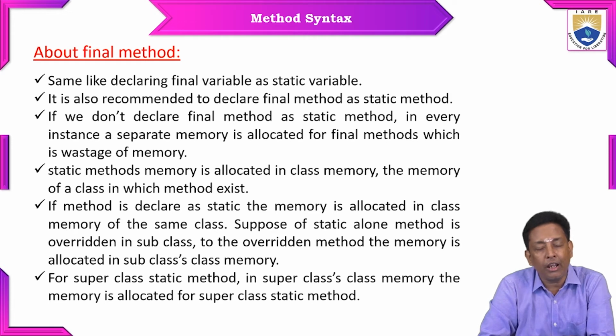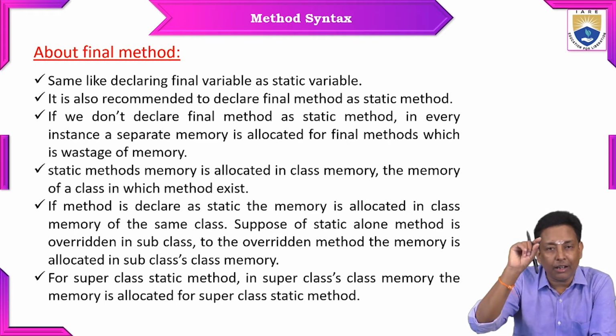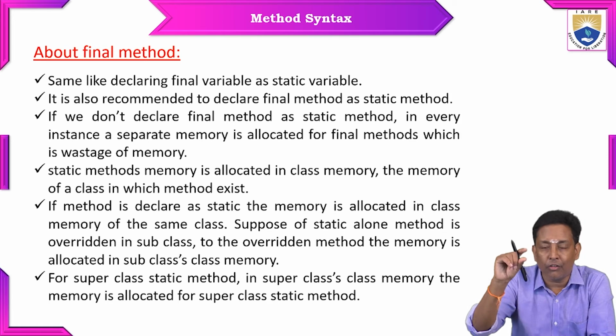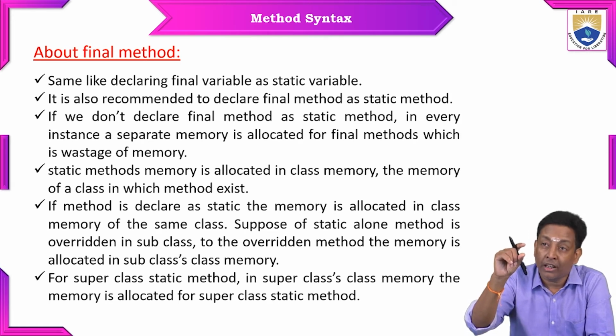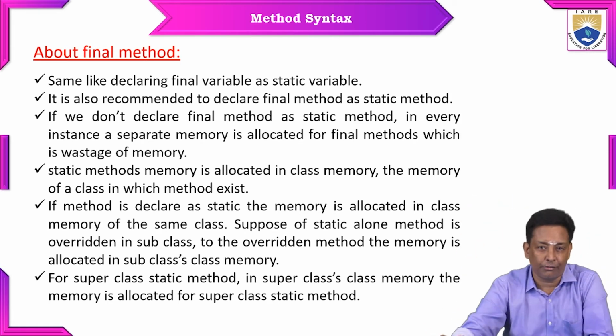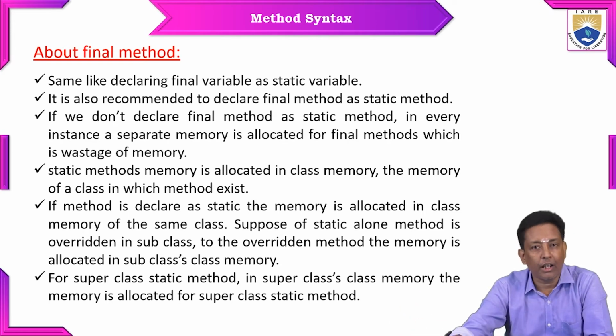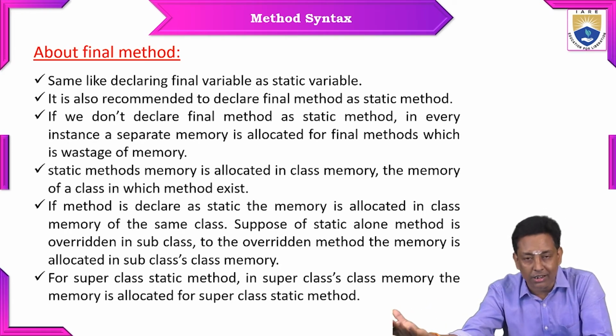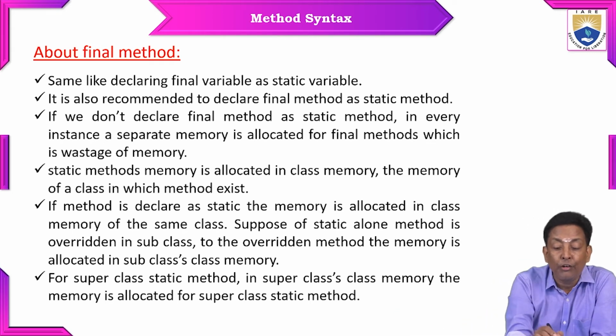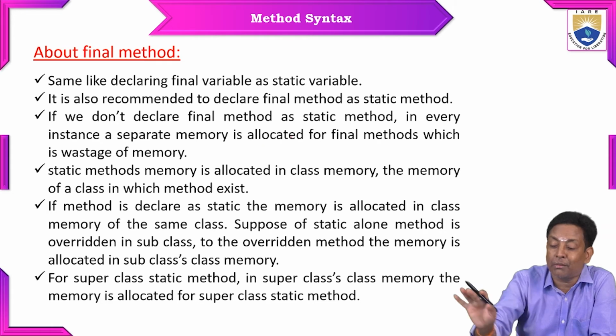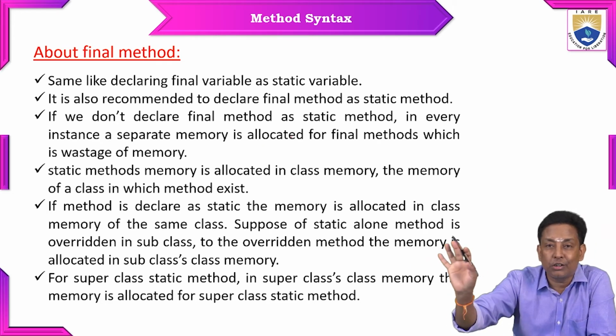So every method of a class should have its memory allocated in the class memory itself, instead of allocating memory in the instance of the class. If you don't declare final methods as static methods, a separate memory is allocated in every instance for the final methods, which is a waste of memory.